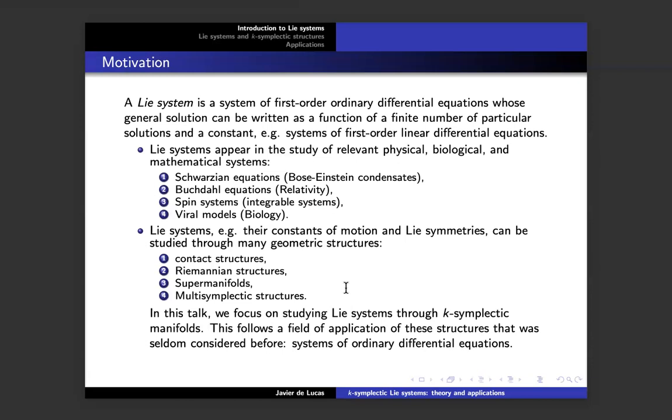Mathematically, the structures related to Lie systems are normally compatible with many geometric structures. For example, with contact structures, which was done with Xavier, and I will do it. With Riemannian structures, this was done with Mariusz Tobolski and with Francisco Jose Ranz. With supermanifolds, this was done by Winternitz, a long time ago.